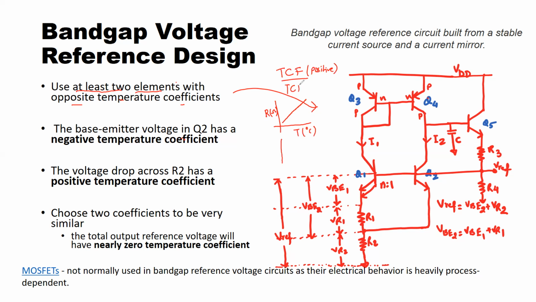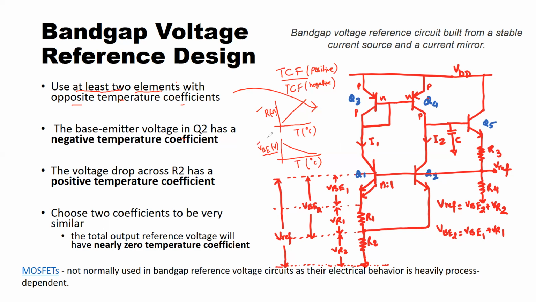If the TCF is negative, then I will have a curve like this, with temperature on the x-axis. For example, the PN junction diode has a forward voltage drop VBE that has a negative temperature behavior like this. As the temperature increases, the PN junction forward voltage decreases with respect to temperature.